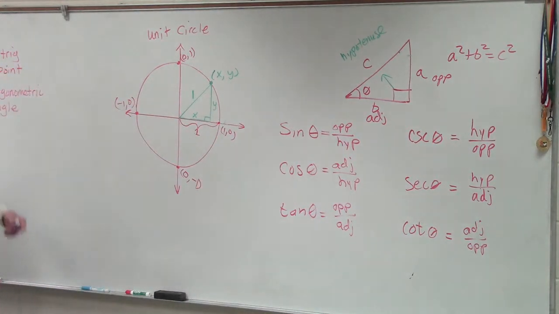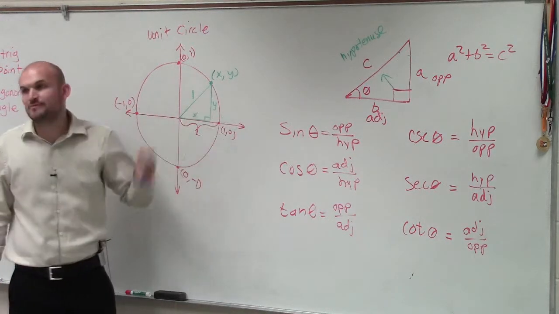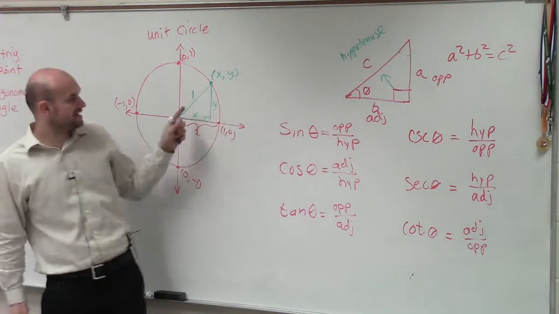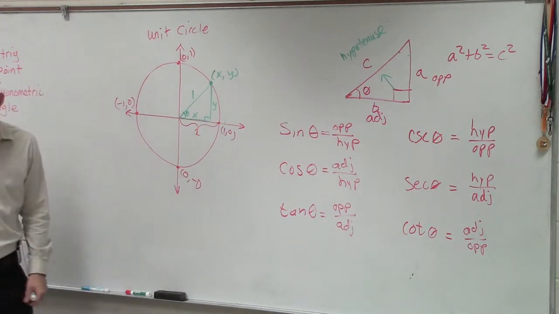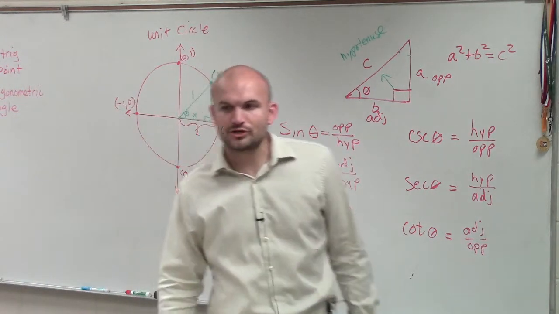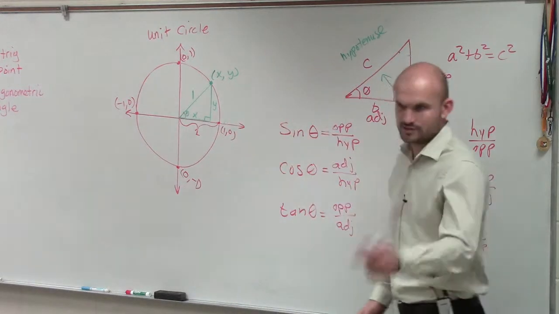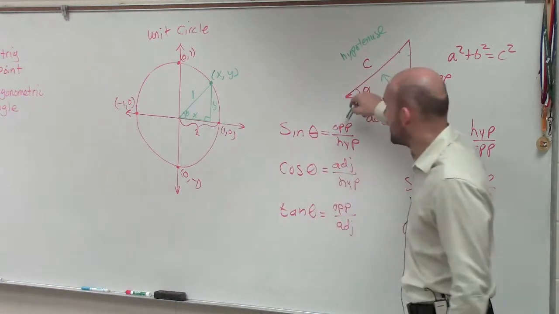All right? Now, if we have a point x, y, let's go and determine what would be the sine and cosine of each one of these. Let's say here's our angle, which we call a central angle. If I was going to ask what the sine is, you would say opposite over hypotenuse.